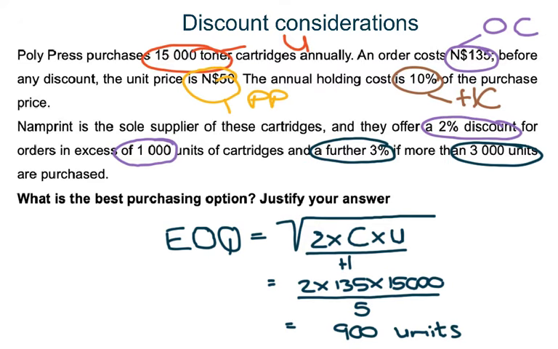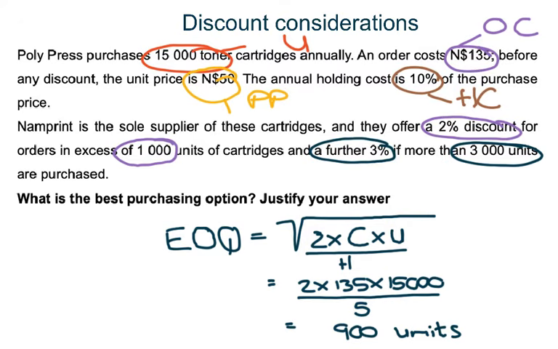Now, first of all, I will calculate my economic order quantity. There's my square root of 2 times C times U. You will remember that C is ordering cost and U is your annual usage, divided by H, which is holding cost. Plug in the values, 2 times 135.